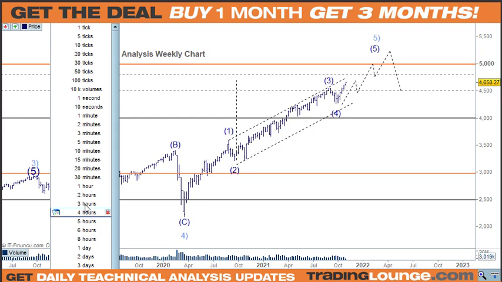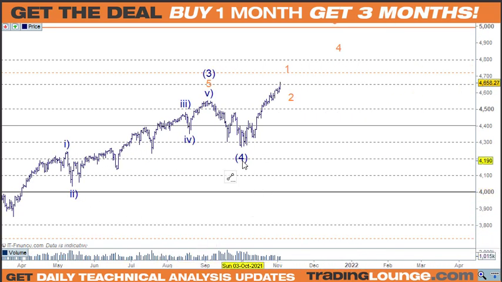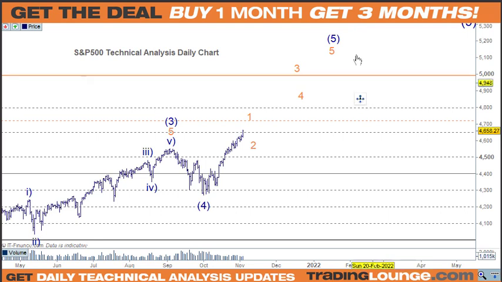Anyway, let's just cruise into the daily chart here. So from wave 4 here, we're looking for 1 and 2. And as I just mentioned, we're looking for coming up into wave 5. So 1 and 2 and 3 and 4 and 5. So yeah, it's possible to put wave 5 on top of this one here, but it's a little bit short when you look at the weekly.